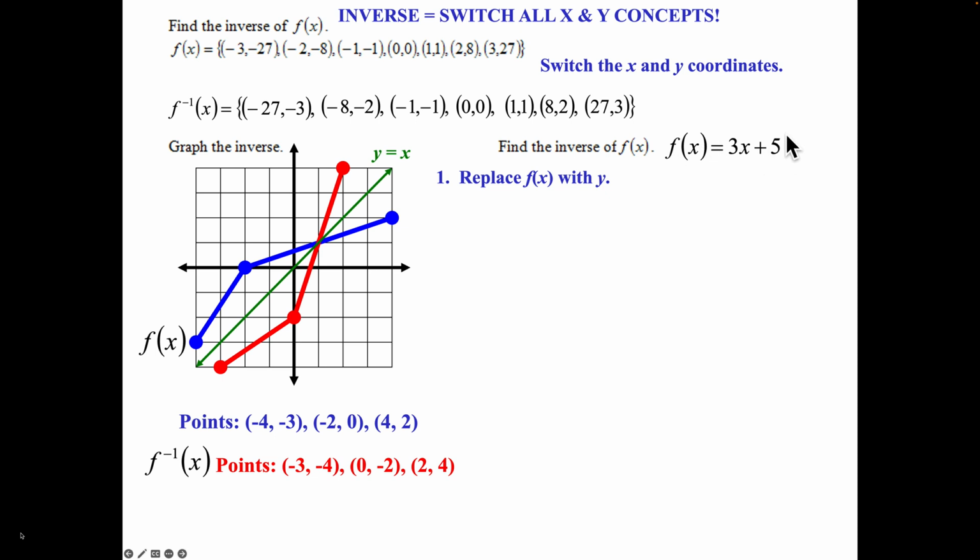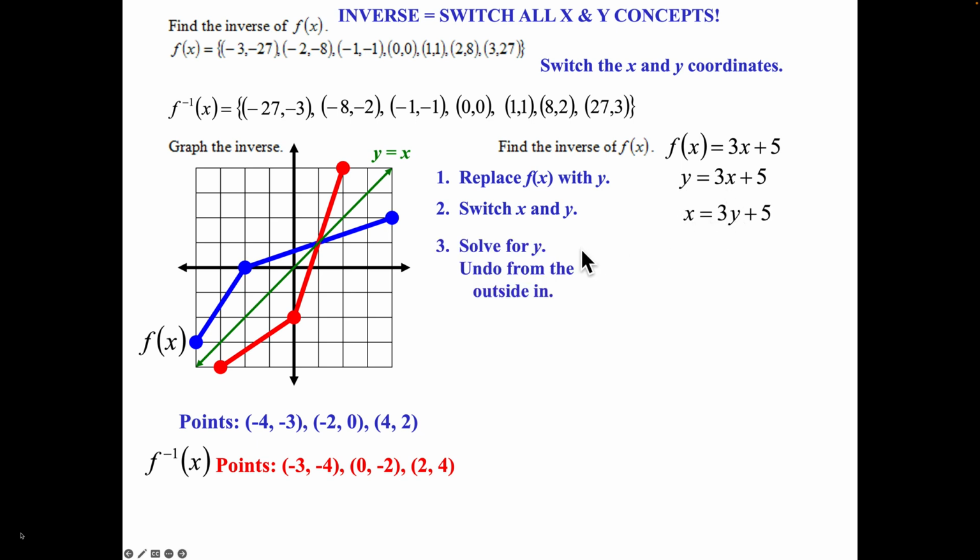If I have a function that's an equation, f of x equals 3x plus 5, again, I have to switch x and y concepts. So f of x, I take it out. I rewrite it with a y. That's worth a point. Step 2, switch x and y. Switched, that's worth a point. Step 3, solve for y.